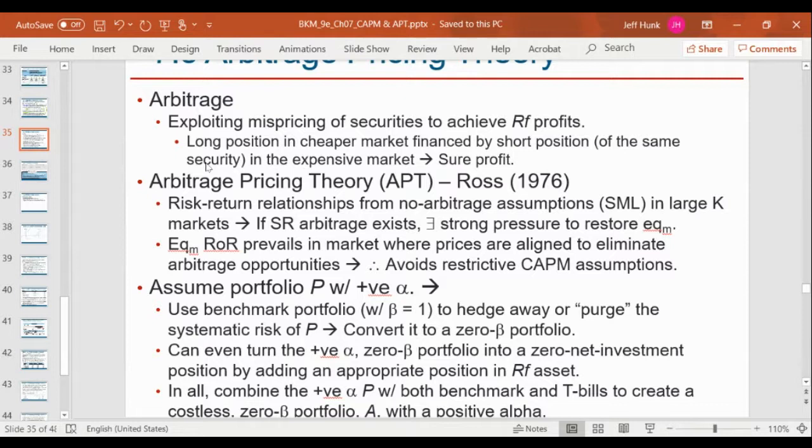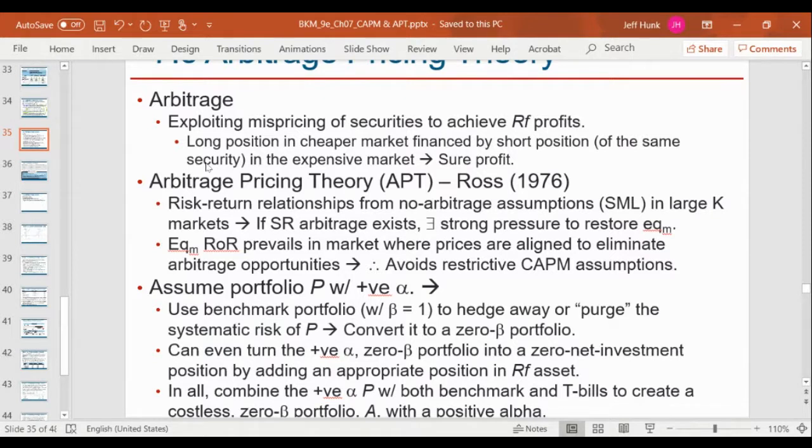The arbitrage in the arbitrage pricing theory is investing in the same security, right? Taking advantage of the mispricing in the same security in two markets.